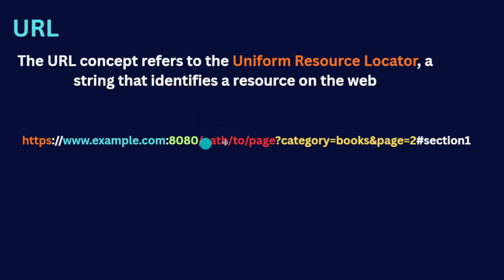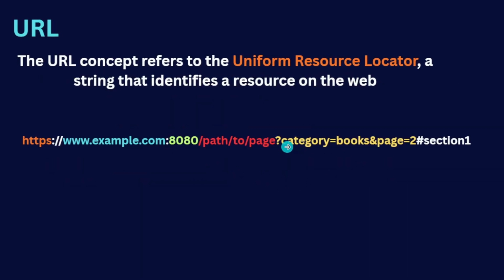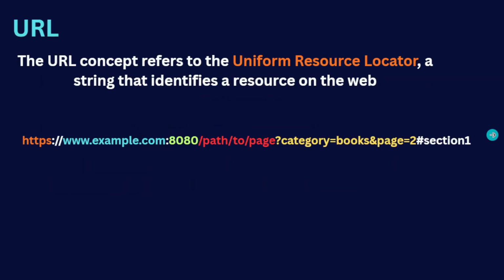This red color here is a path name, and then the search, the query string for parameters. Here you can see this is the search string, and then this white segment is a hash, a fragment identifier. All right, so I think you understand this is the basic URL, the URL address. We are going to deal with these things.